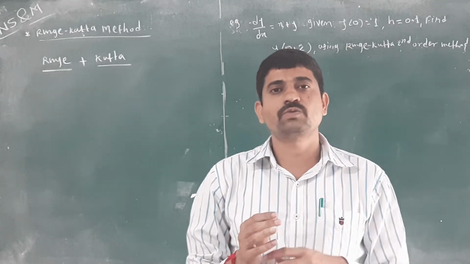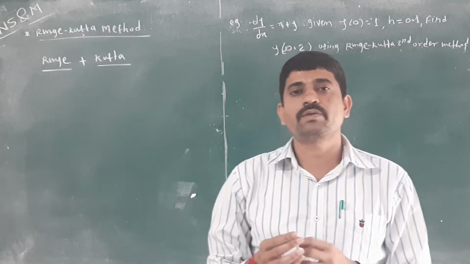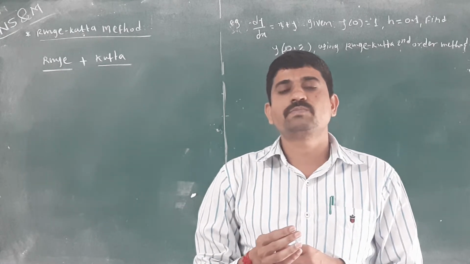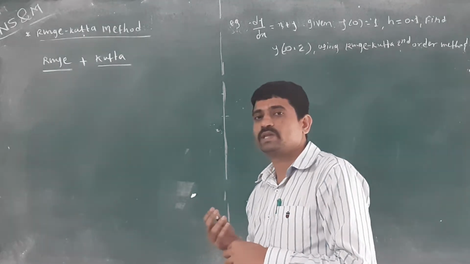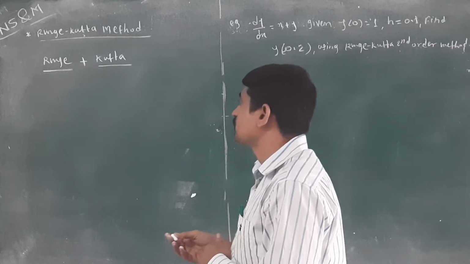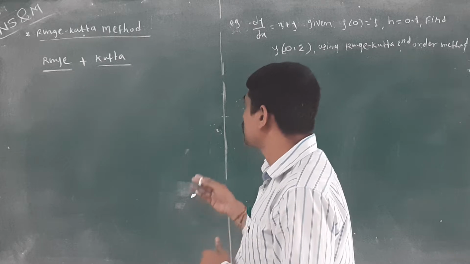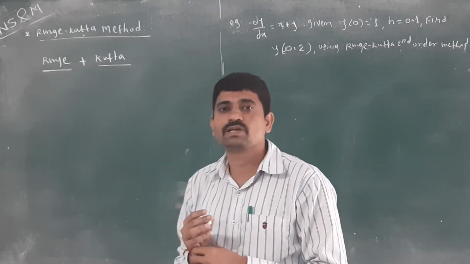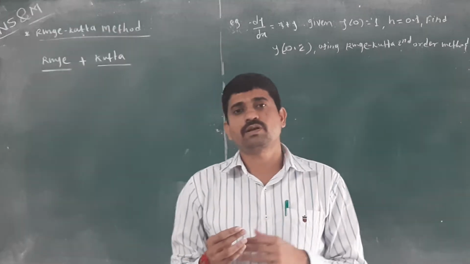We have seen so many methods to solve the ODE, or differential equation. This method is more accurate among the numerical methods. Here we will study two different methods. First is the Runge-Kutta second order method, and second is the Runge-Kutta fourth order method.